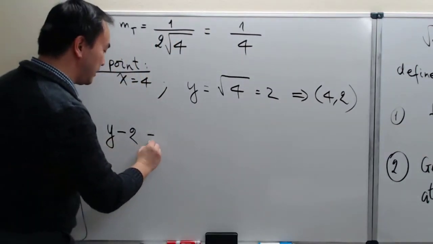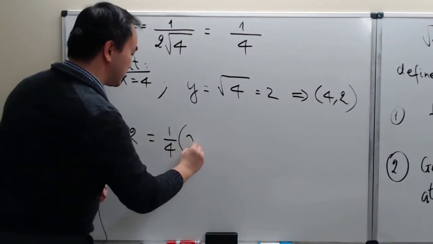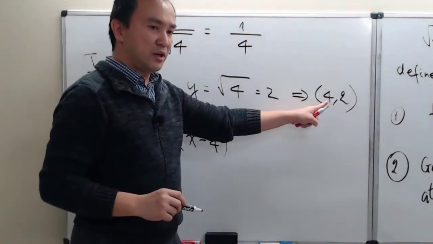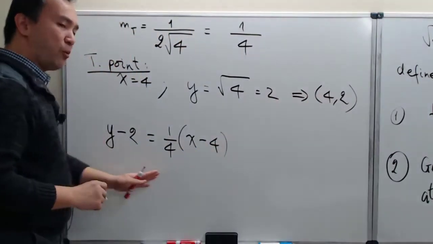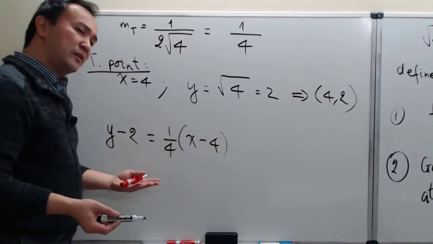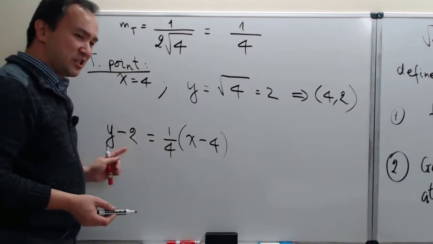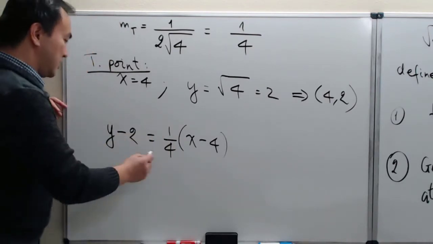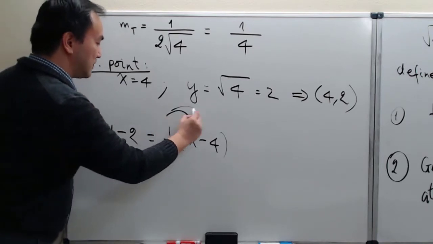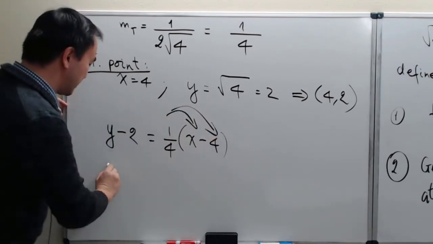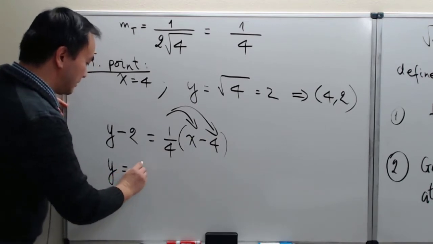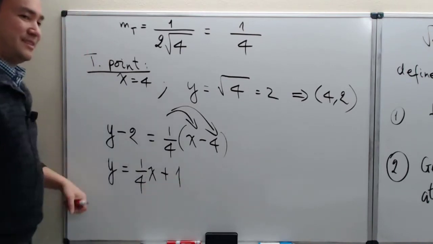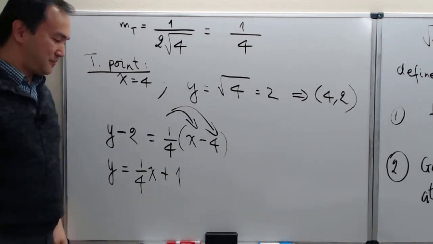So y minus 2 equals 1/4, the slope, times x minus 4. See, 4 and 2 are the components of your tangent point. Once in a while I switch to a different style. Usually this is not my style, but admittedly here it's a little bit faster. So now distributing that 1/4 over, and then adding the 2 to the other side, my tangent line equation is y equals 1/4 x plus 1. Okay, so now here's the thing.